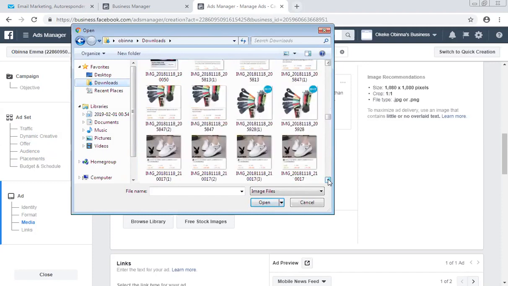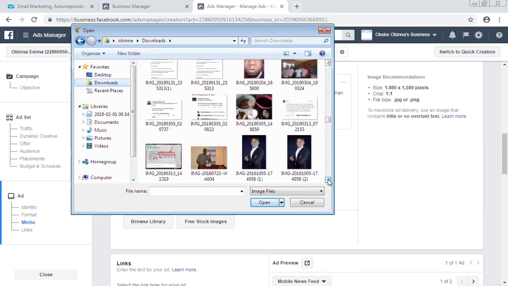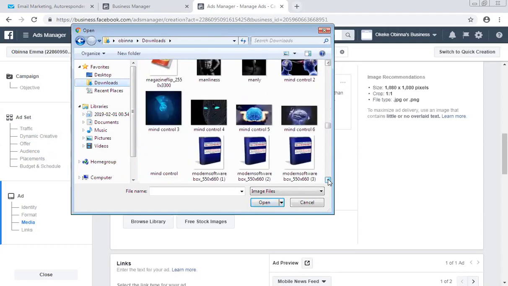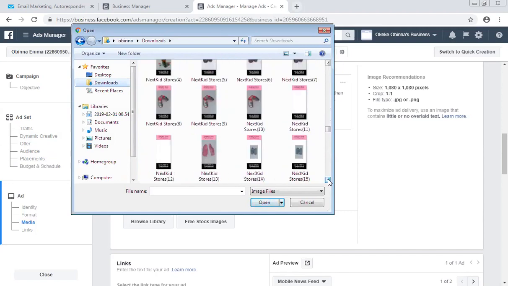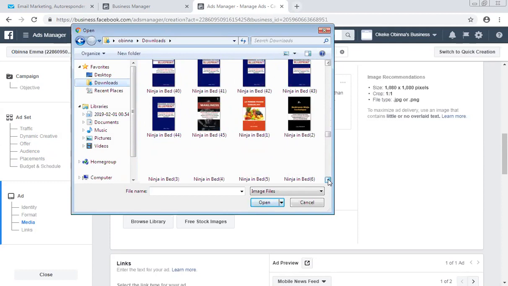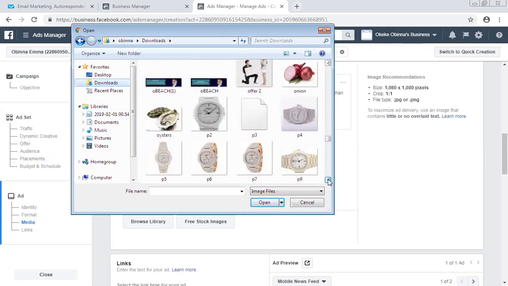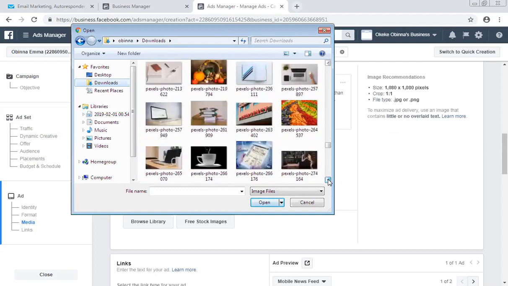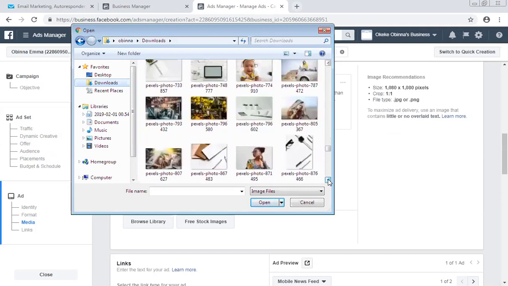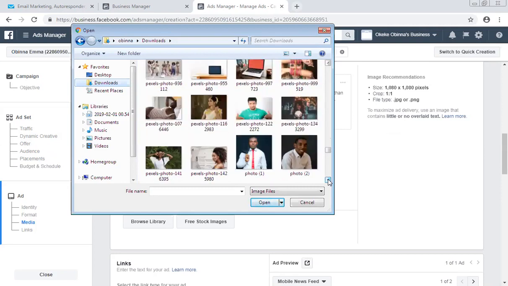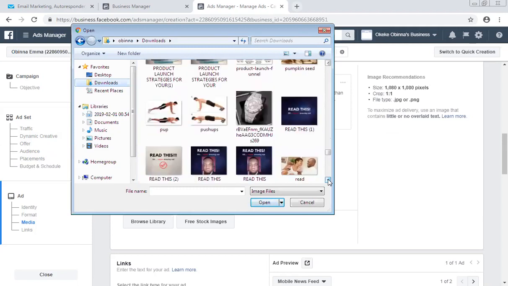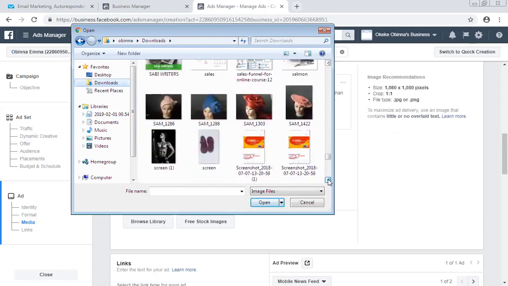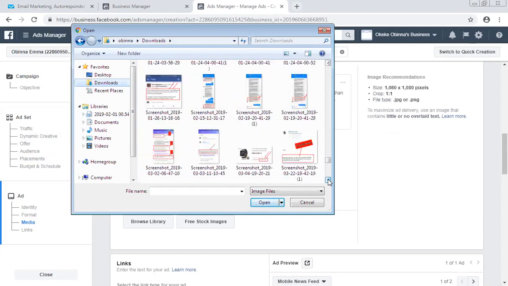Should be somewhere down here. Okay, still searching for the particular image, but I know I'm closer to finding it. I'm very close to finding it.